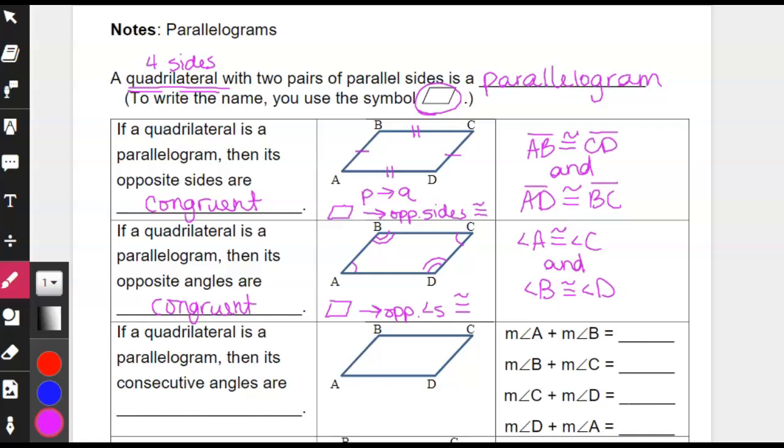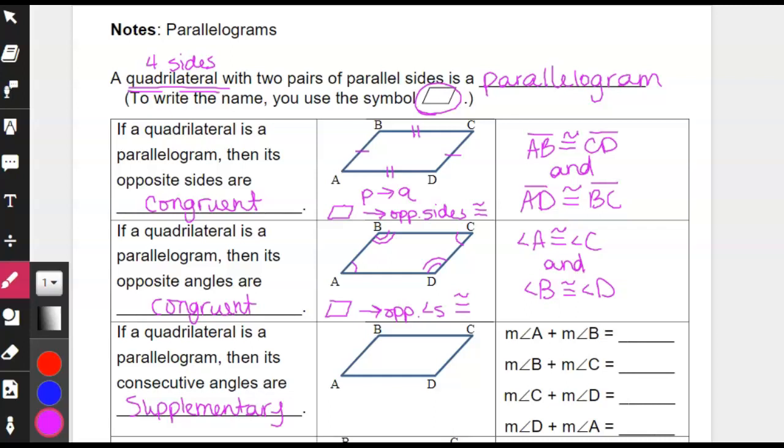But consecutive angles are typically what? Supplementary. So, again, the quadrilateral must be able to assume that its consecutive angles are supplementary.